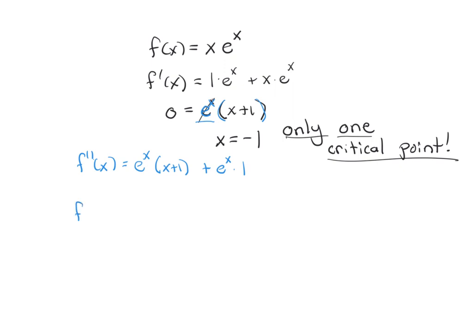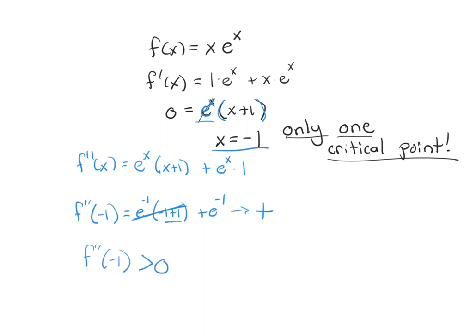Then if I take the second derivative at the critical point, -1, I have e to the -1 times (-1 plus 1) plus e to the -1. Well, the first part will be 0, so that whole term cancels out. E to the power of -1 is a positive number, so the second derivative at -1 is greater than 0, meaning concave up, so it means there's a minimum point.